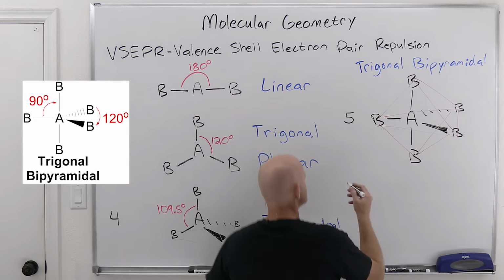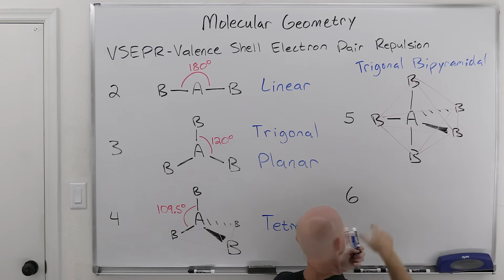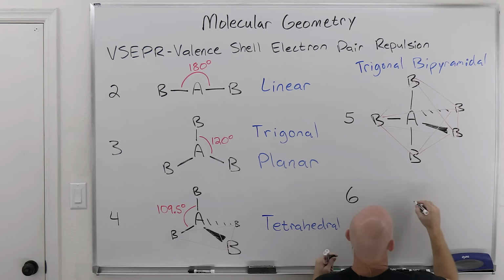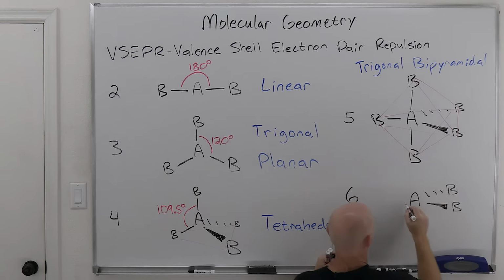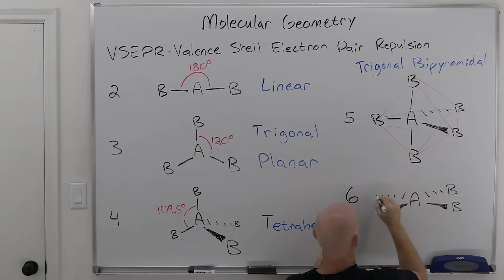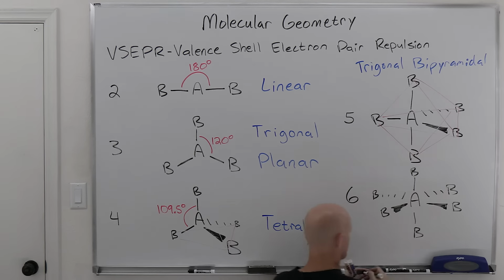So then we move on to 6 electron domains here, and it's going to be somewhat similar to this. And one straight up, one straight down.